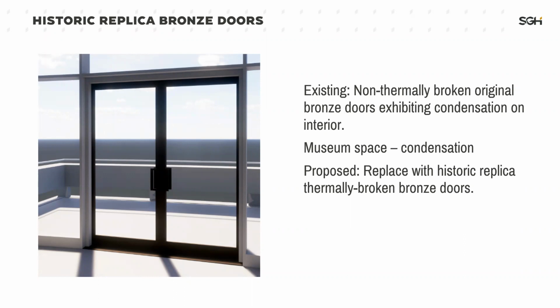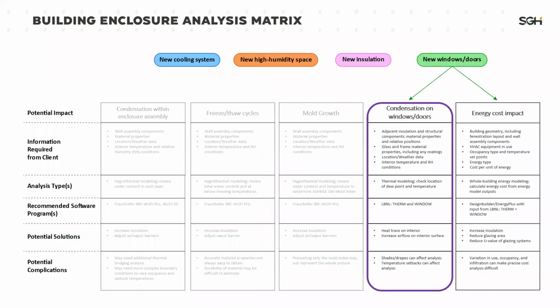And so often we do see condensation formation in museum spaces. The proposal was to replace these doors with historic replica, but thermally broken bronze doors. And we wanted to see, would this help address the condensation issue? Okay, when we install new doors, we see that this can affect condensation formation on those doors.